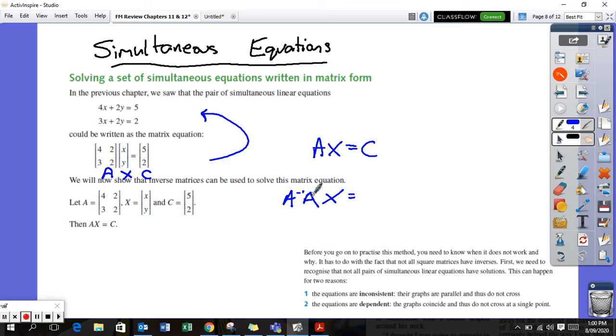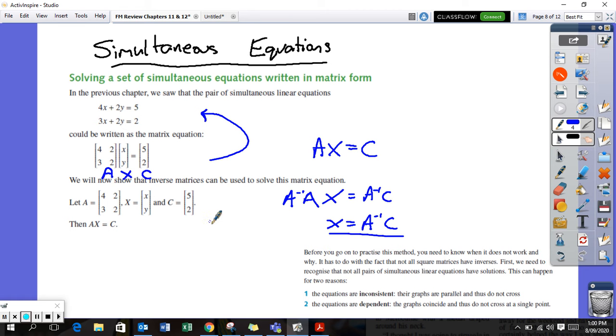That's the use of the identity. If we're multiplying at the front, then we have to do the same on this side, A to the minus 1 C. It has to be in the same order. So these two cancel out with the identity, and we get X equals A to the minus 1 times C, and that will give us our solution.